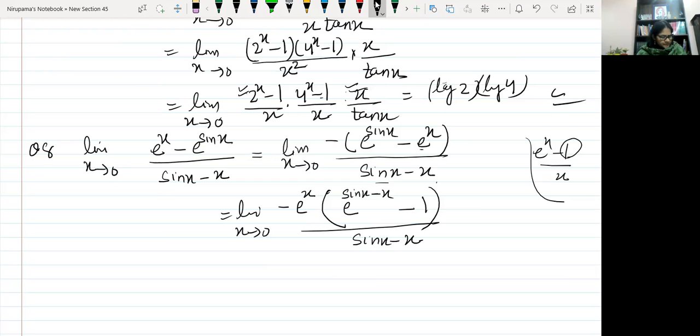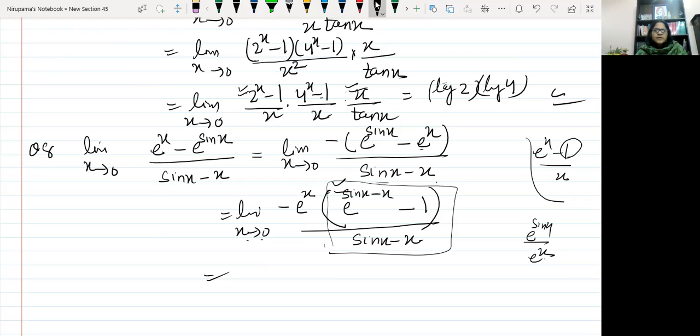So what we can see here, whenever we take e to the power x common, it means e to the power sin x by e to the power x, which gives us this term. Now when x approaches 0, sin x minus x also approaches 0. So as x approaches 0, this limit is 1, and when x approaches 0, e to the power x is also 1.